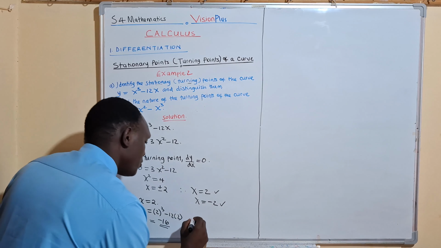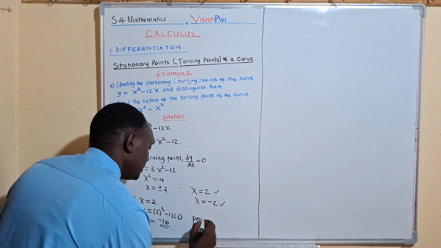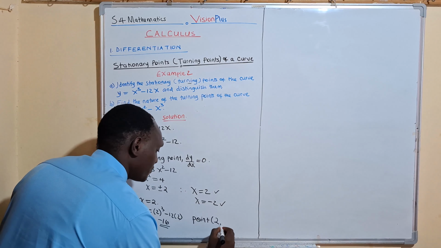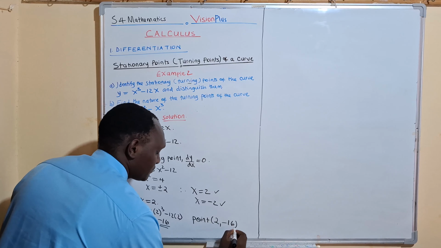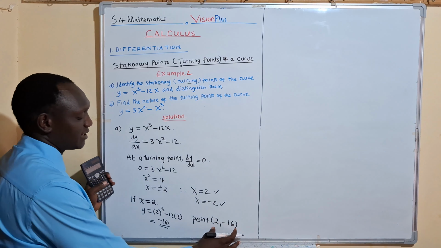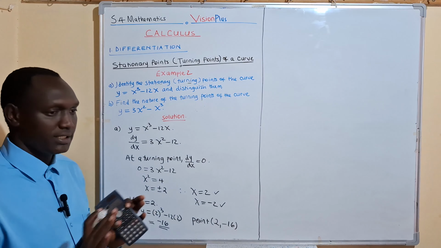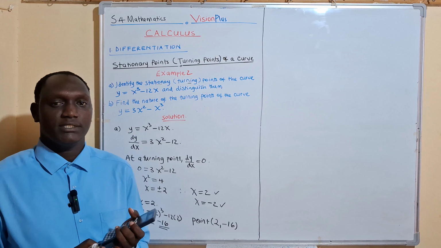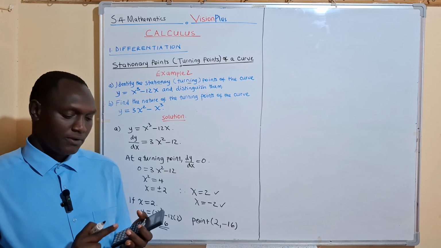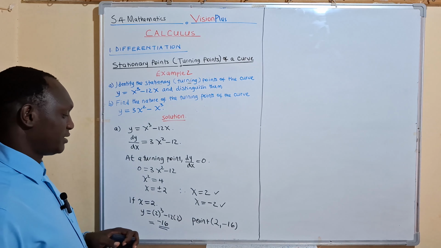So one point is 2 and negative 16. This is one turning point, which we don't know yet whether it is a maximum point, a point of inflection, or a minimum point.